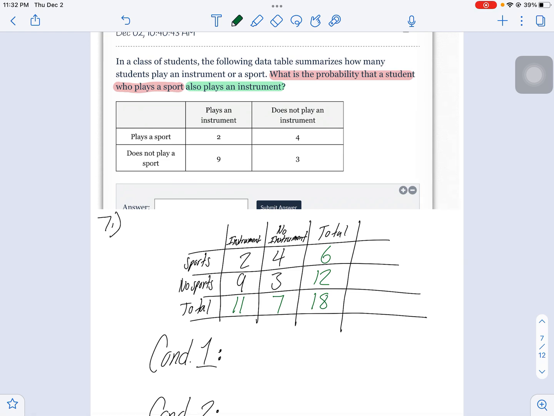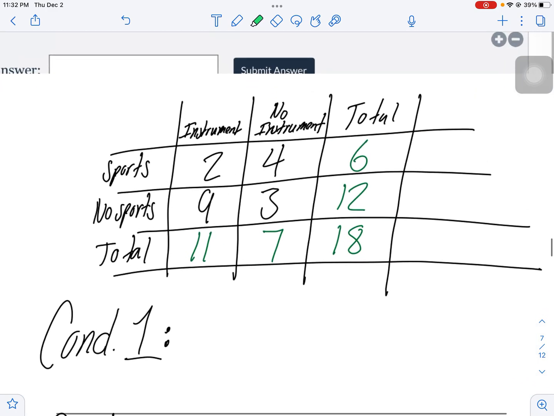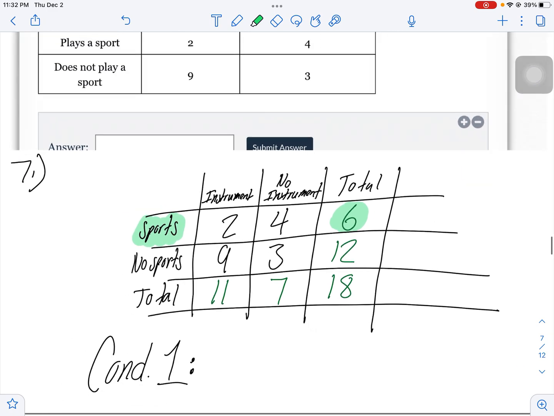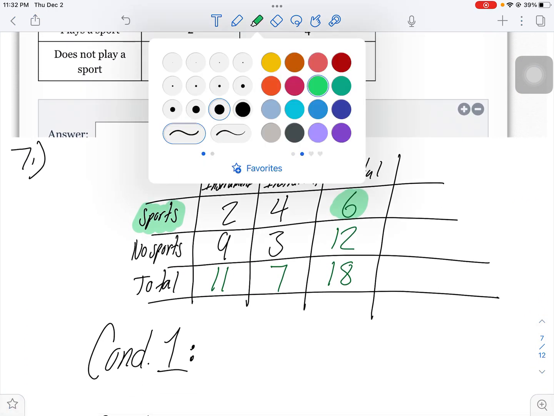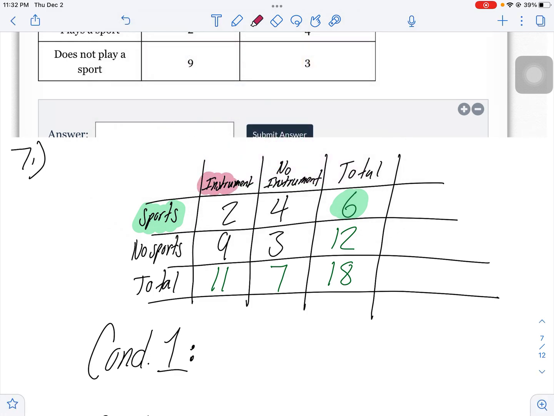The probability that a student who plays a sport, so students that play sports are a total of 6. Well, what is condition number 2? Who plays an instrument.